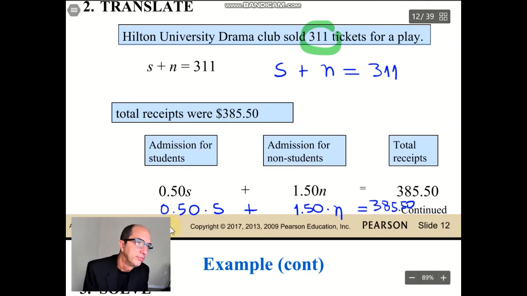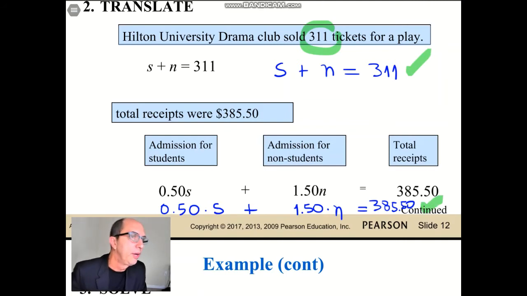We found two equations with two variables. Now we have our system of equations.